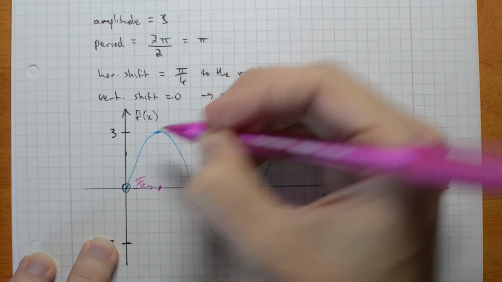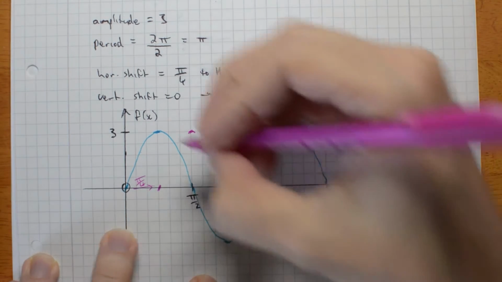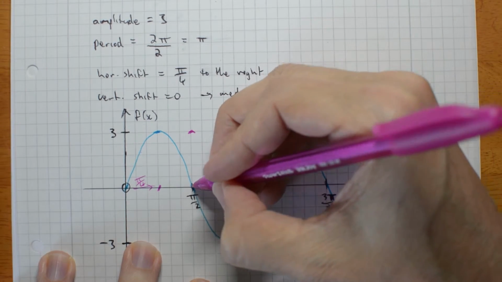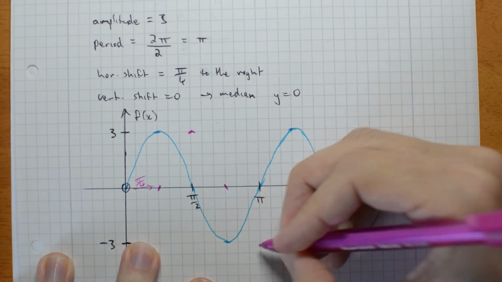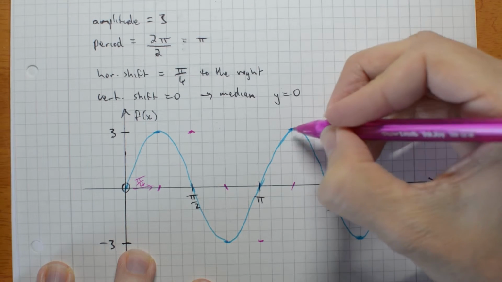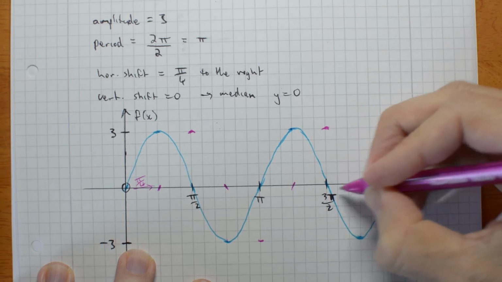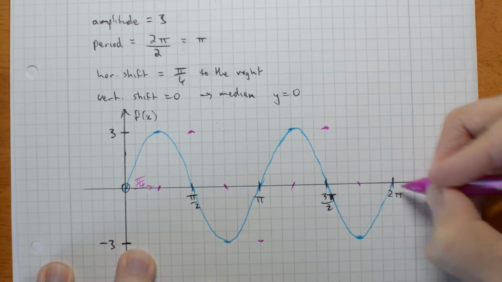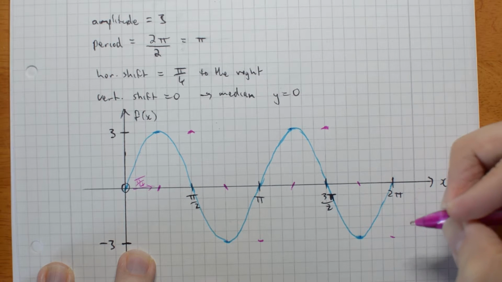The maximum here is now pi on 4 further right. This centre point is now here. This minimum point is now here. This centre is now here. This maximum is now here. This centre is now here. And this minimum is now here.